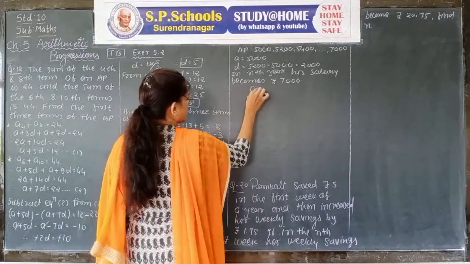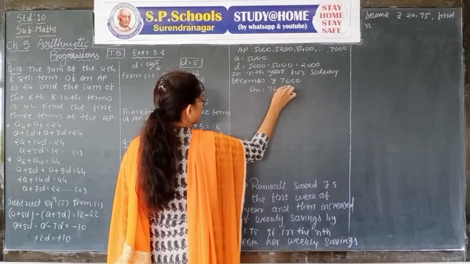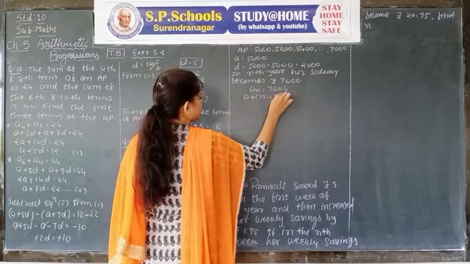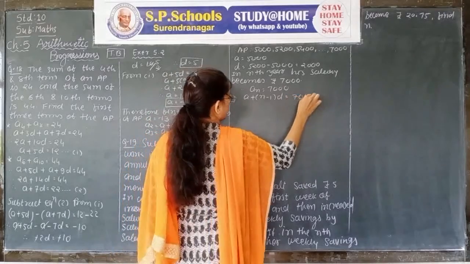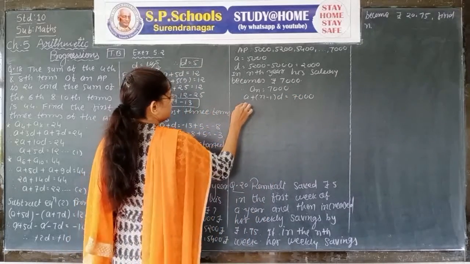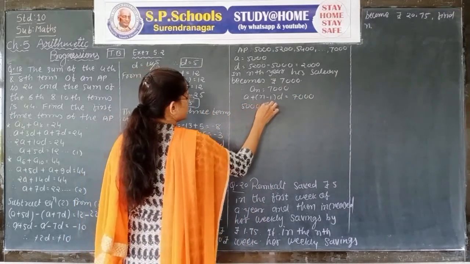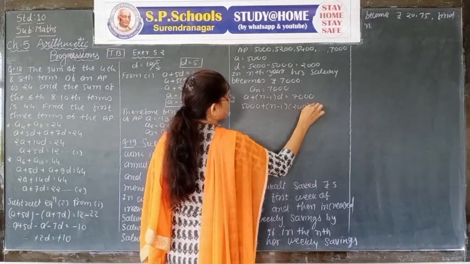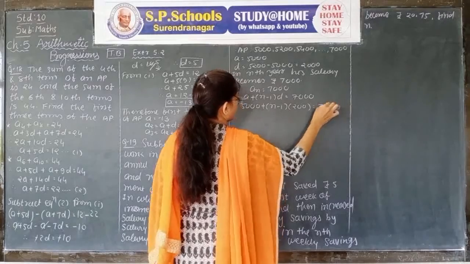That's why an is equal to 7,000. a plus n minus 1 into d is equal to 7,000. First term a is 5,000 plus n minus 1, and d is equal to 200, is equal to 7,000.